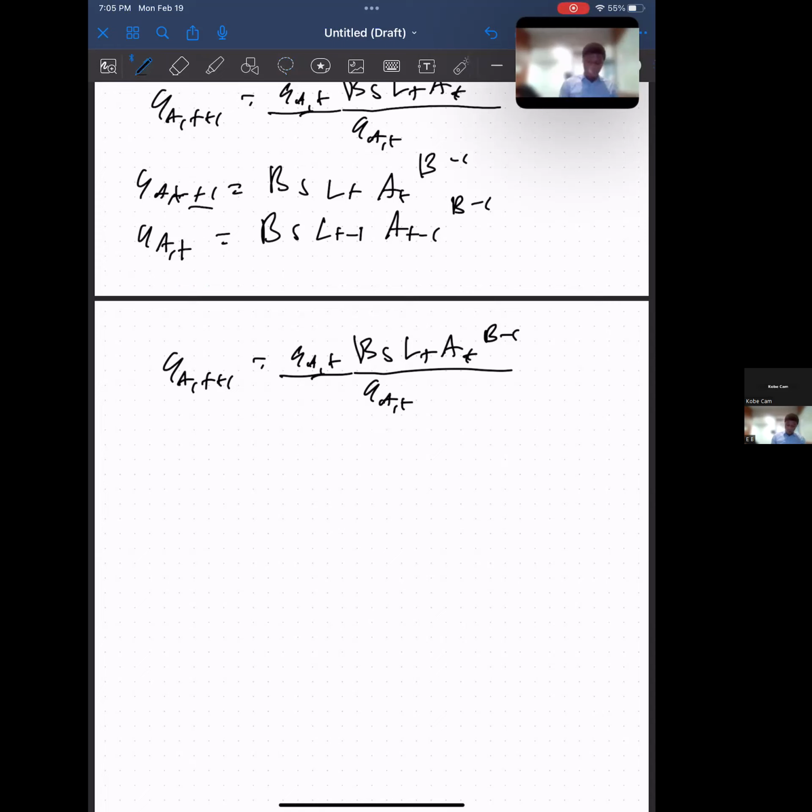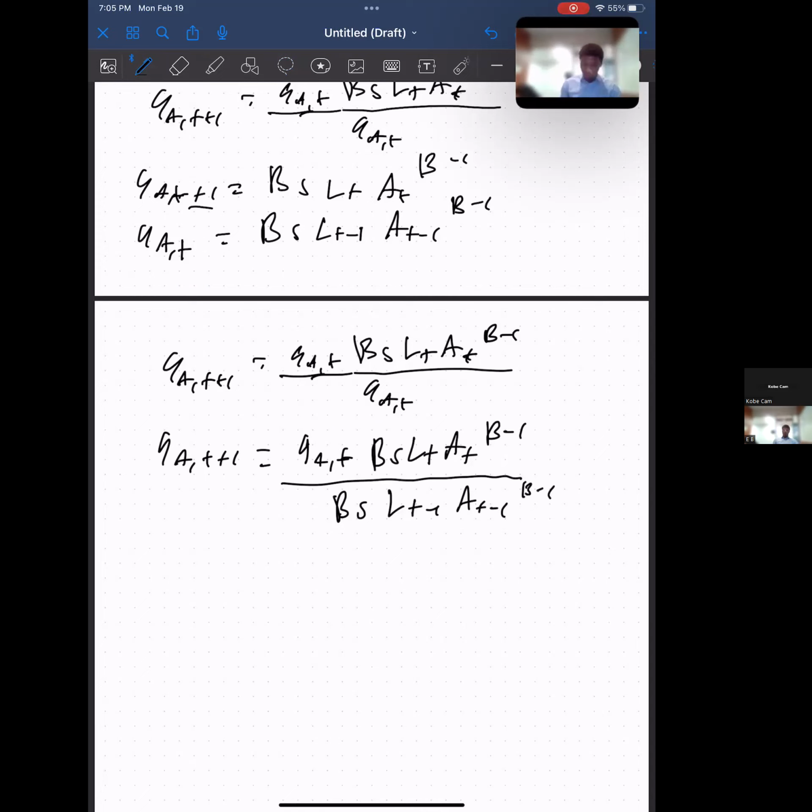So what does this give us? GAT, t plus 1, is equal to the growth rate of technology at t times BSLTAT to the beta minus 1, divided by BSLT minus 1, AT minus 1 raised to the beta minus 1.